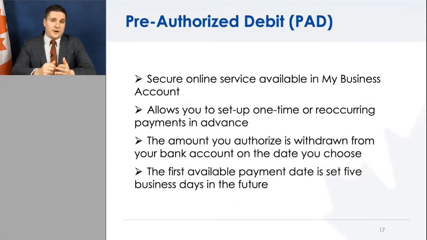The amount you authorize will be withdrawn from your bank account on the date you choose. To allow for processing time, the first available payment date is set to 5 business days in the future. For example, if today was Wednesday and you created a PAD today, the first available payment date would be next Wednesday, unless there was a holiday.